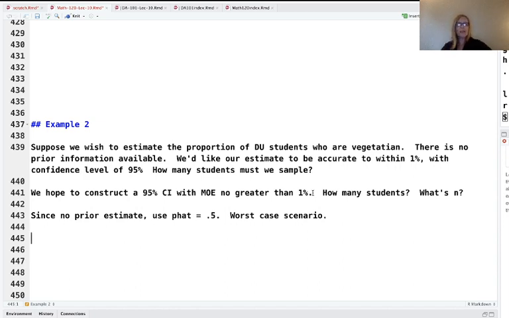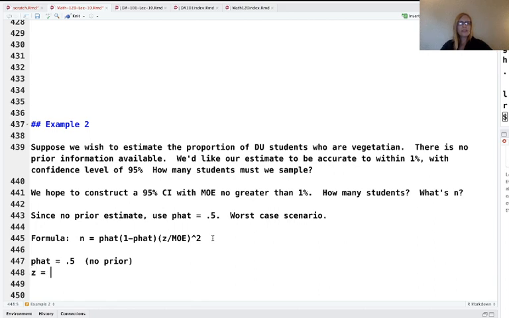All right, then let's think about what we've got. Our formula, p hat, 1 minus p hat, let me clarify, this is for n, times z over MOE squared. This is the same formula from up above. We're using p hat equals 0.5 because there's no prior.